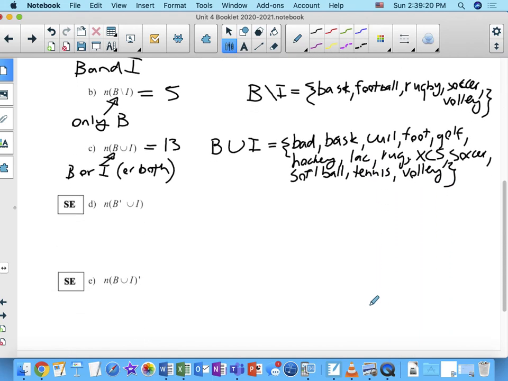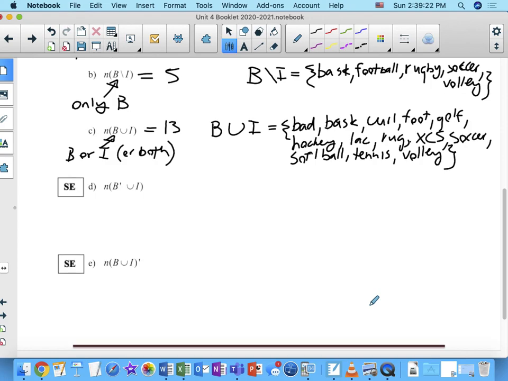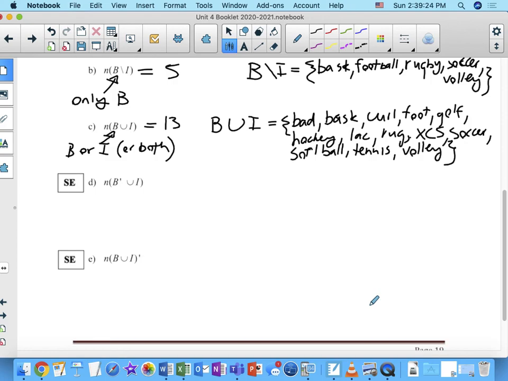The next two are standard of excellence questions. Okay? So the number of elements in B complement or I. What does that mean?